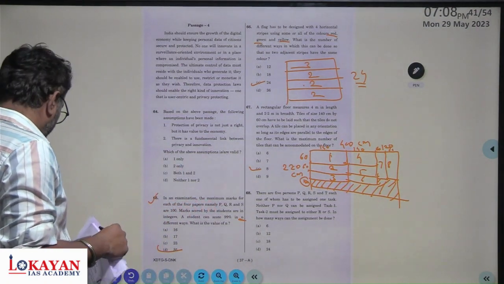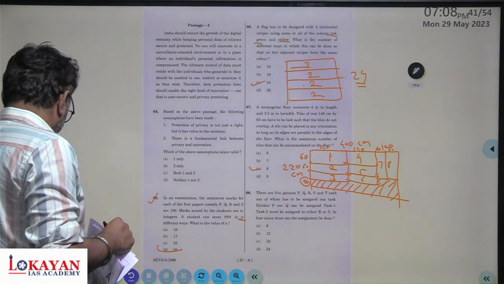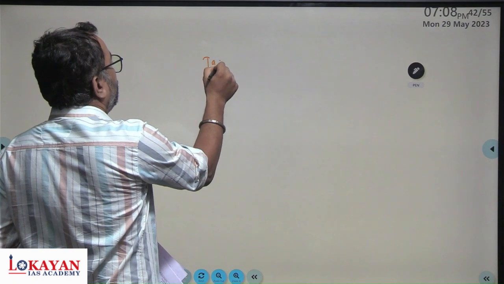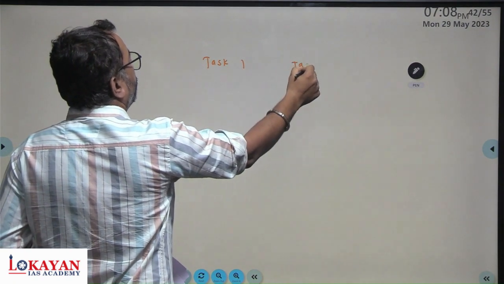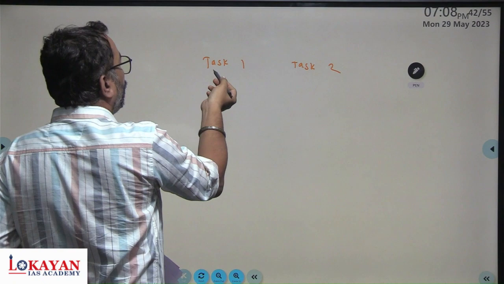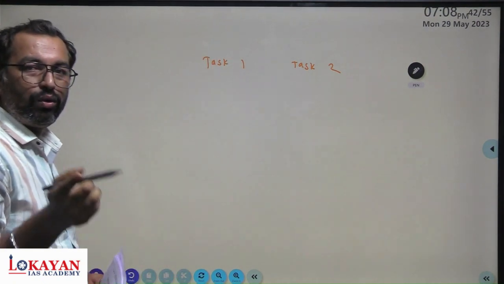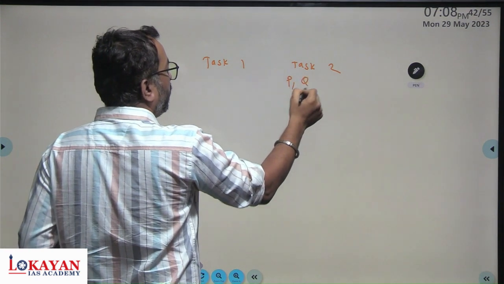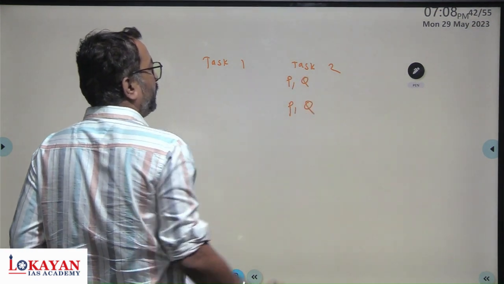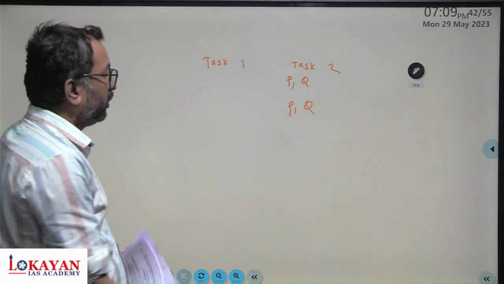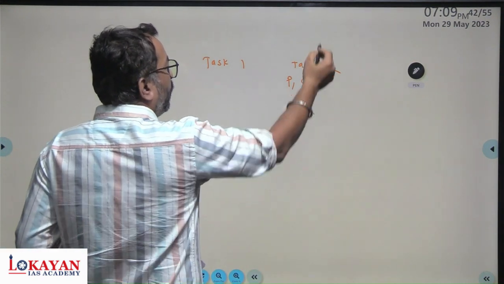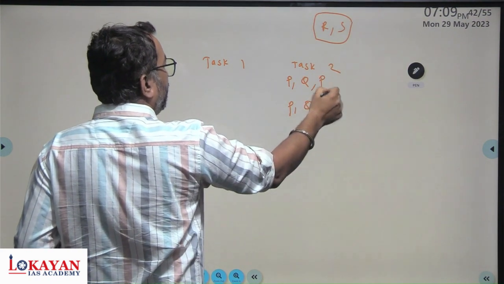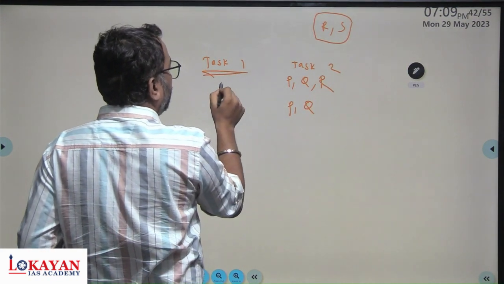See, टास्क 1, टास्क 2. P और Q को टास्क 1 अलाउड ही नहीं है और उनको टास्क तो देना ही है. सो P and Q will be always allotted to task 2. राइट? और R और S में से एक तो यहां पे चाहिए. सो पहला मैंने R लिया, तो टास्क 1 के लिए कौन बचा?